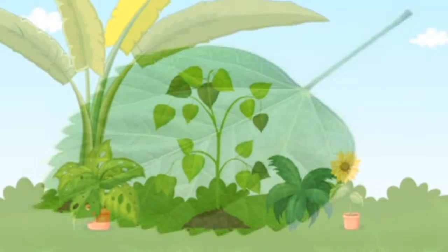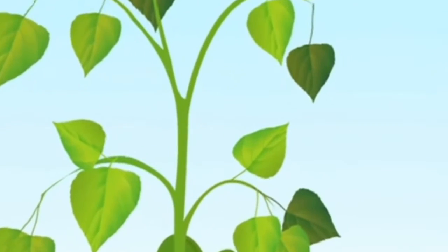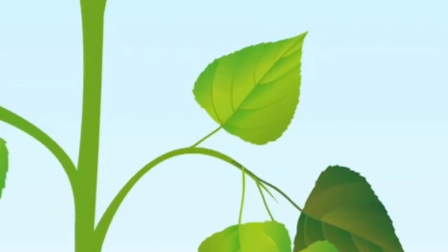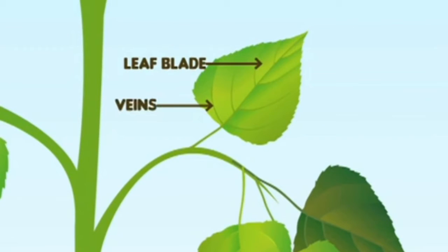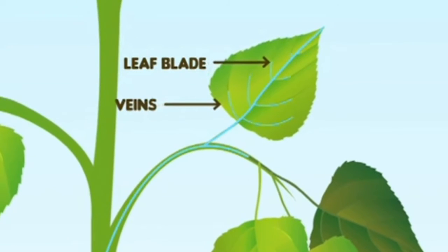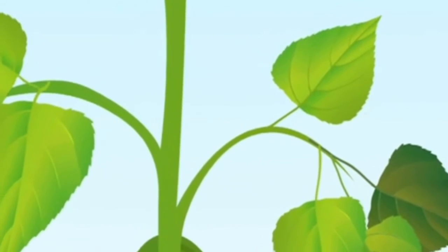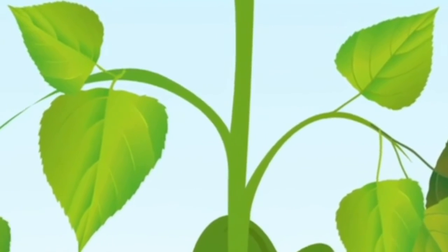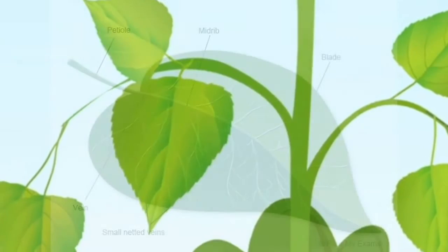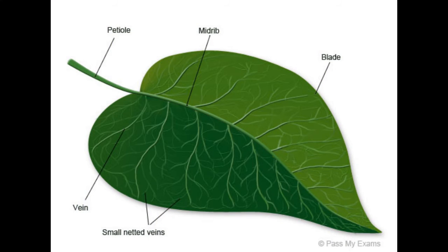And if we look at the whole leaf deeply, then we can see that the flat part of the leaf, the whole green flat part, is called the leaf plate. And you can see clearly that some vein-like structures are there, one main vein, one center line in the whole leaf, that is the main vein, and a few veins arising from that center are called side veins.